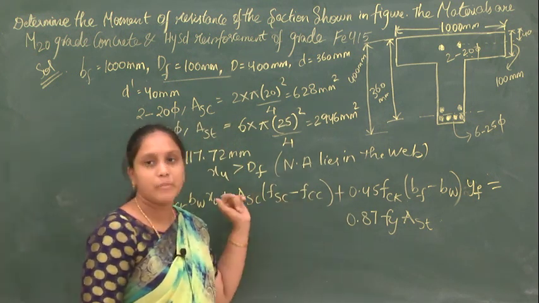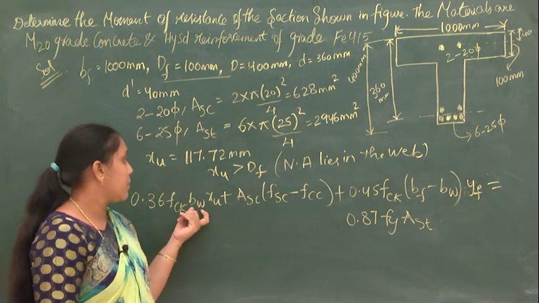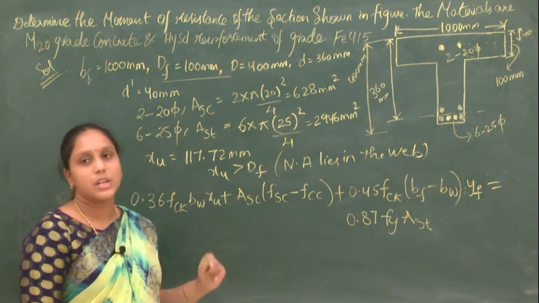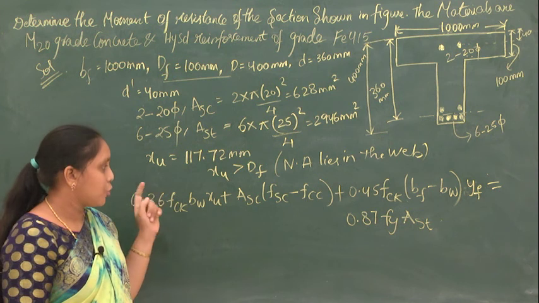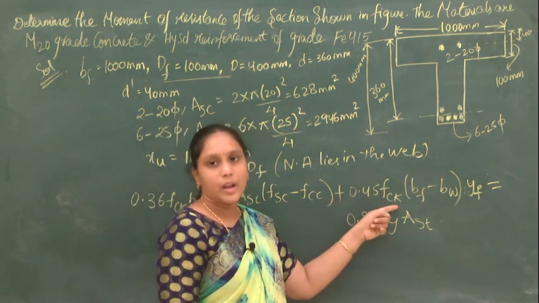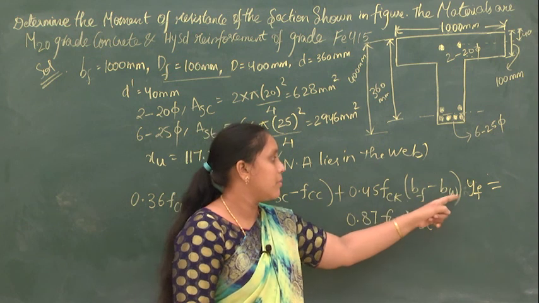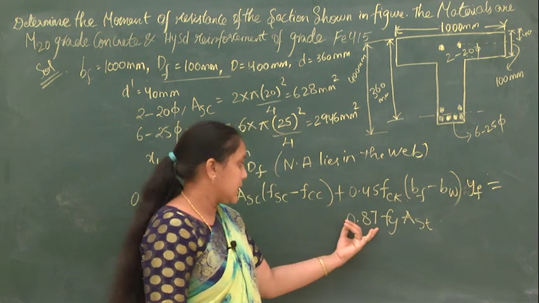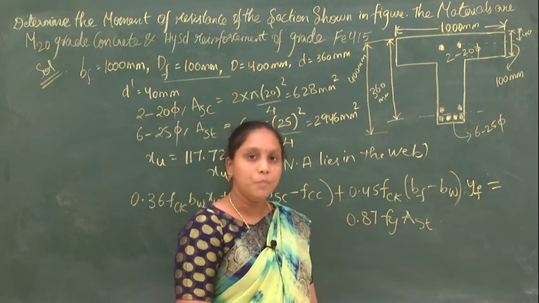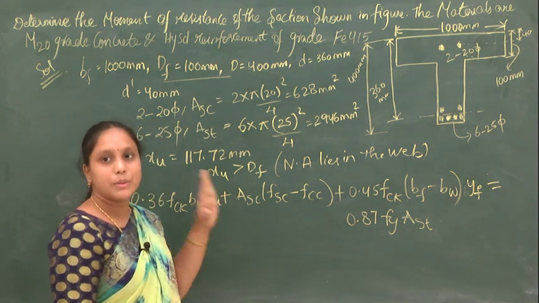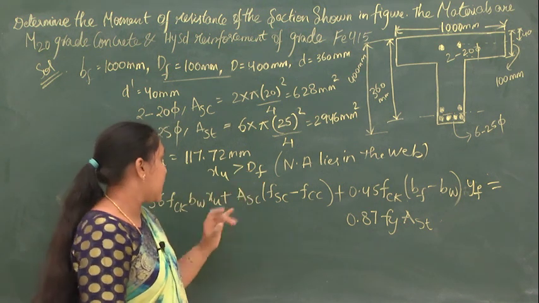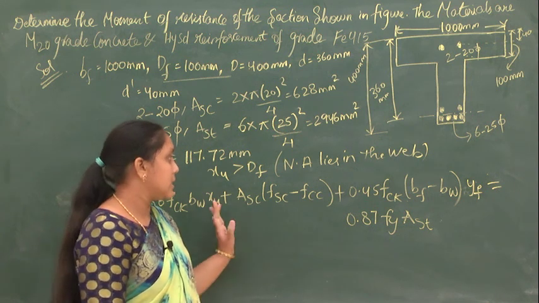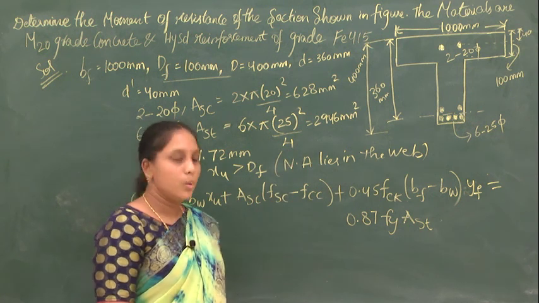These are the forces of compression, considering that it is a doubly reinforced section, and these are equal to the tensile forces. Now we know all the values. Substitute all the values in this particular equation so that we get the value of XU, that is the new neutral axis depth, considering that the neutral axis is lying in the web.